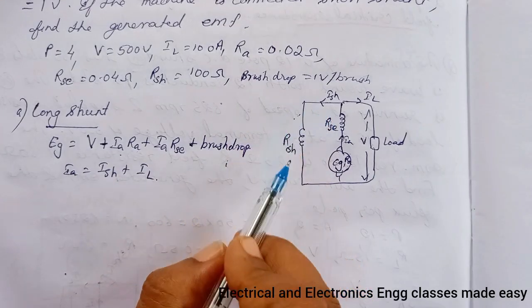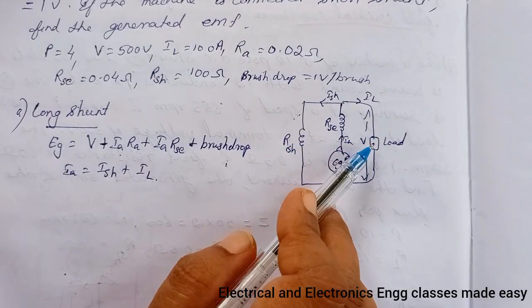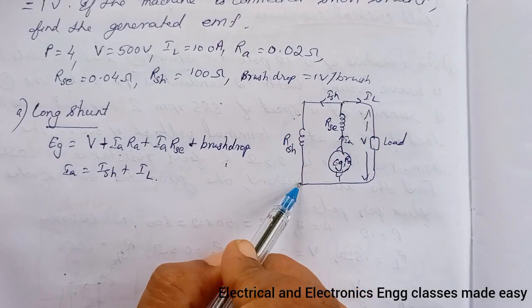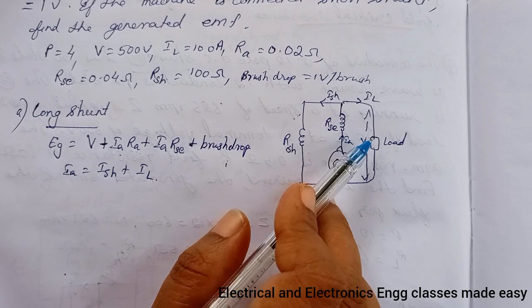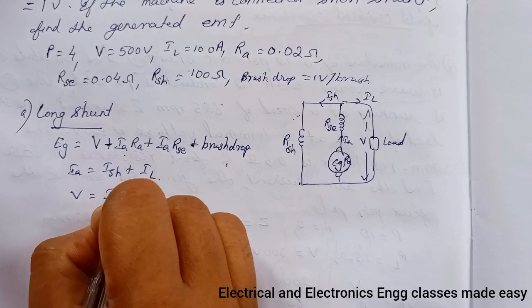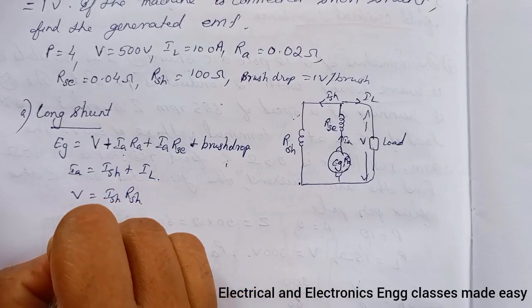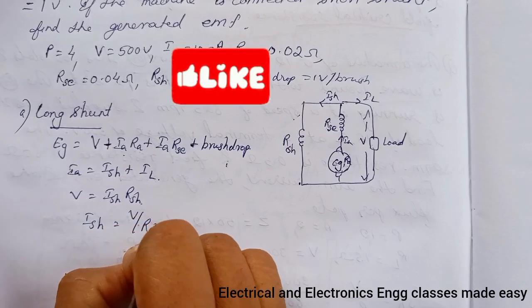And how will you find the ISH? Here the terminal voltage is across the shunt field resistance. So V is equal to ISH RSH. From this we can find ISH, that is V divided by RSH.